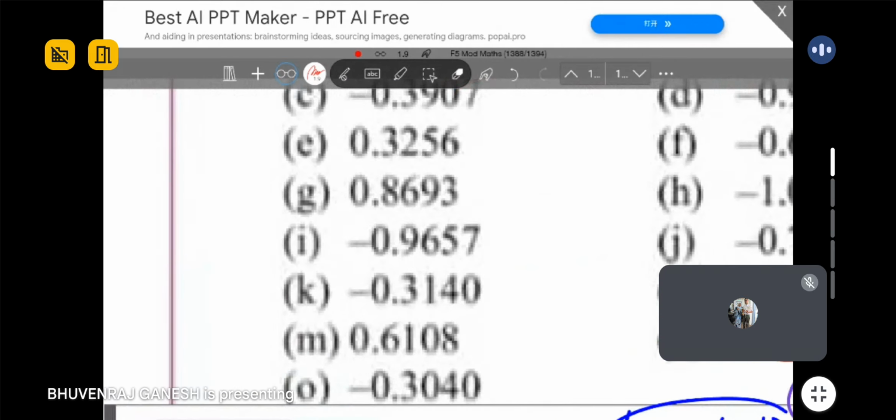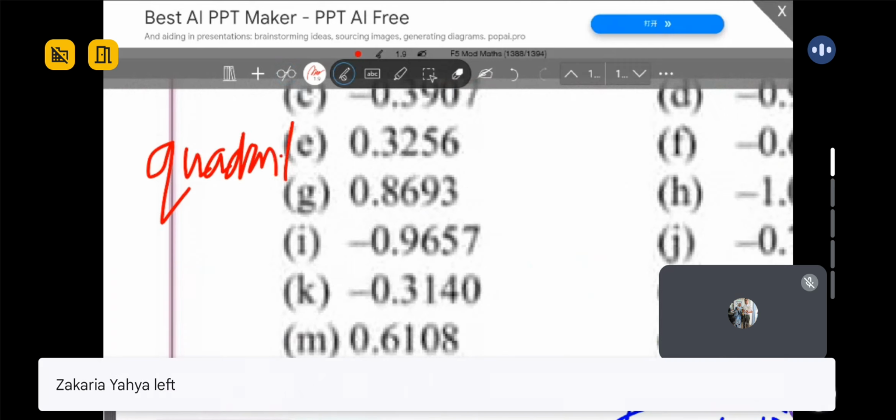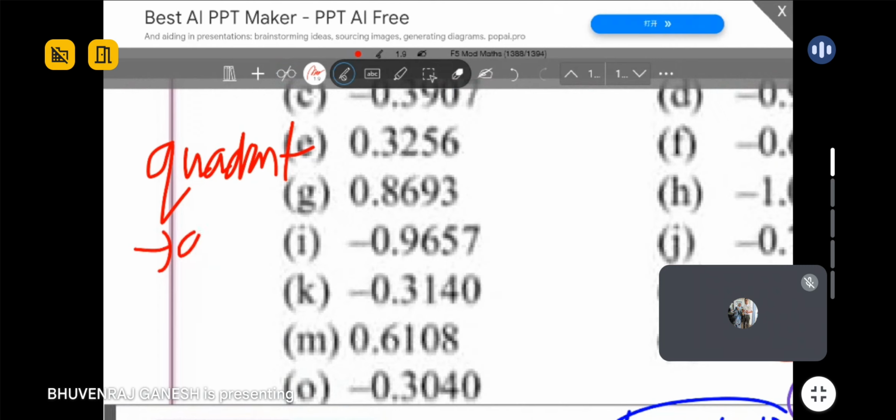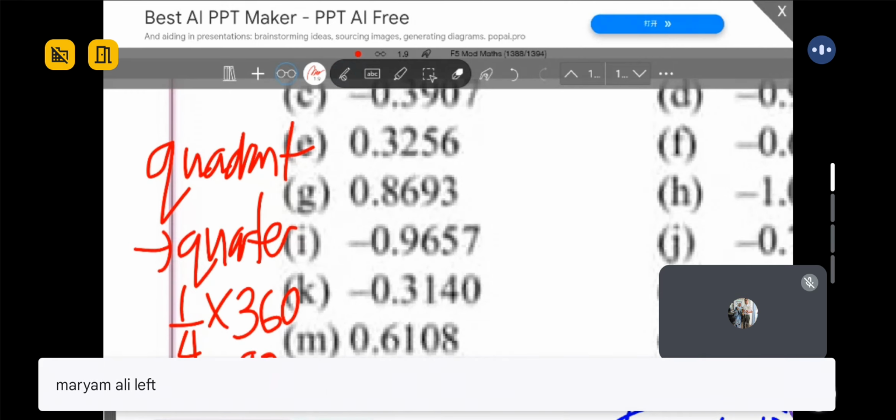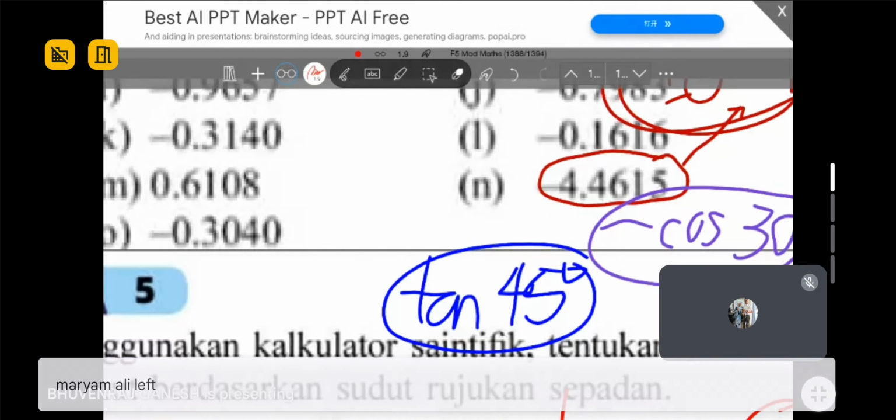Quadrant actually comes from the word quarter. Quadrant is English, tapi BM juga ada. Guys, quarter is how much? Quarter is 1/4. Am I right? 1/4 times 360, because one circle, satu bulatan. That's why the answer is 90. So each quadrant is 90 darjah.